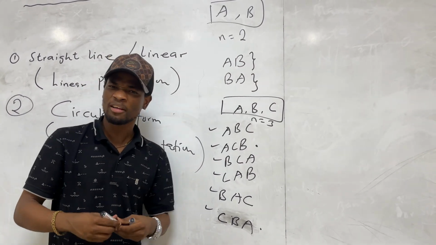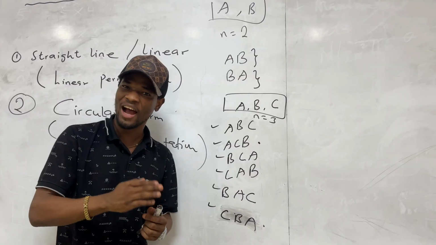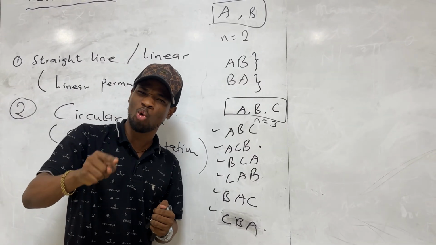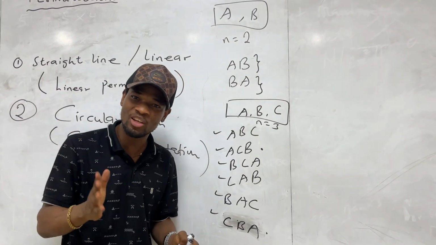So this is what we call permutations. You are arranging the items, but you are taking into consideration the order.